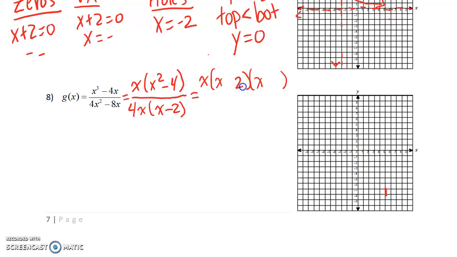The square root of 4 is 2, so it goes 2 and 2. Then one of them is plus, one of them is minus. It doesn't matter which order you go in. Just make sure you have an x plus 2 and an x minus 2. The denominator cannot be factored anymore.